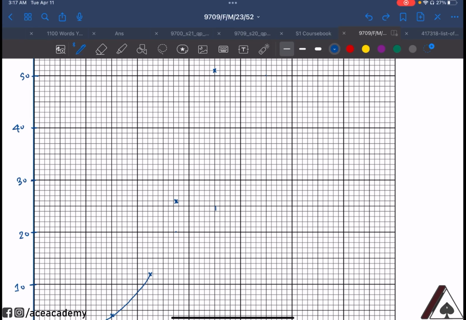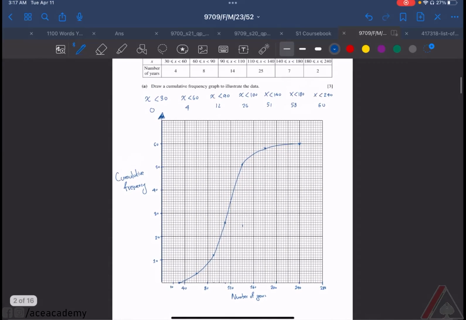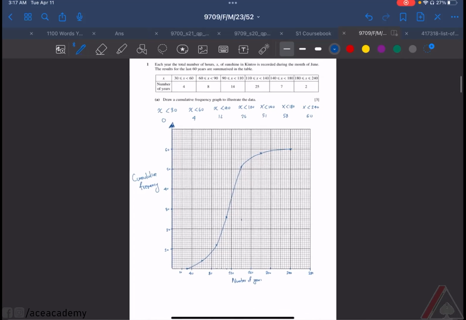This was a bit wrong. Okay, no, still not right. Okay, then now yeah, I managed to successfully draw it. So it's gonna look like this basically.